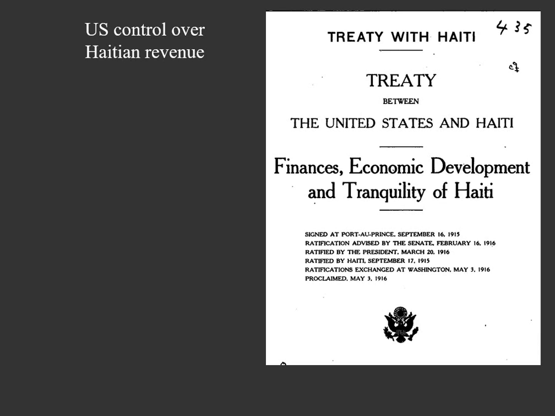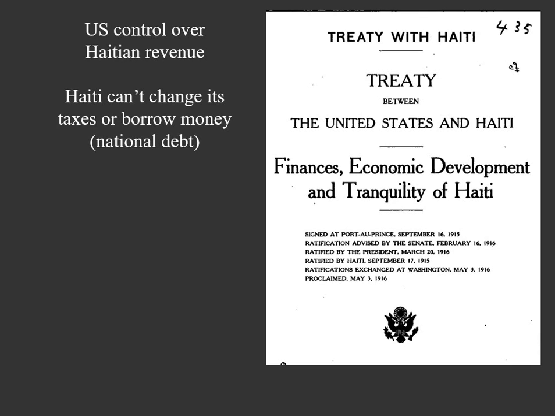Number one, it gives the United States complete control over Haitian finances and revenue. So taxes and spending. And it will appoint economic advisors, financial advisors basically, to run those systems. And those will be people from the United States.